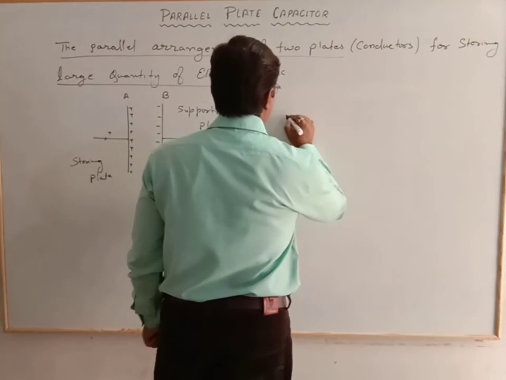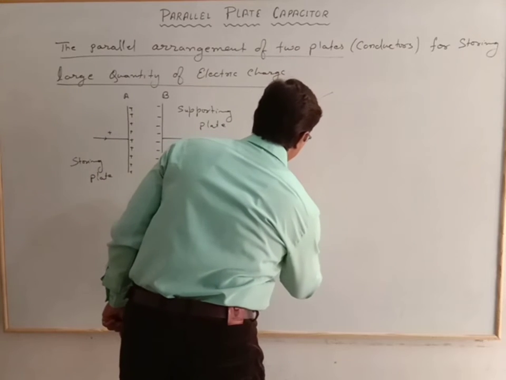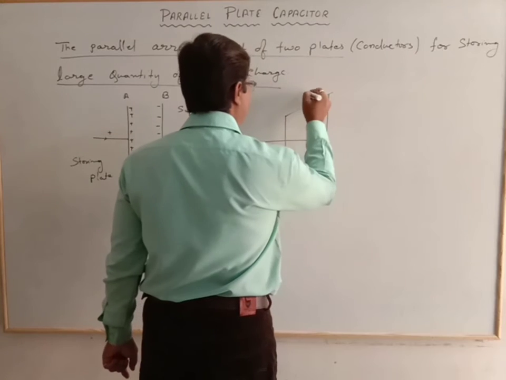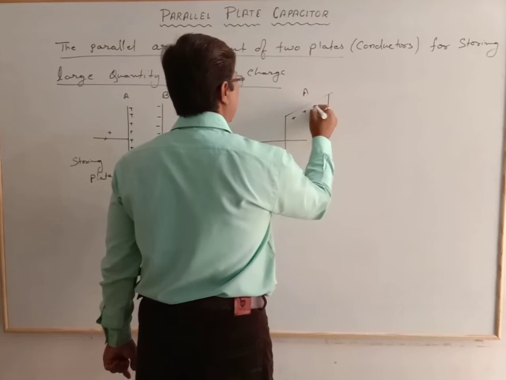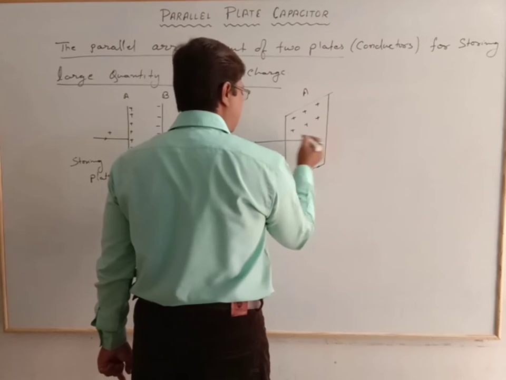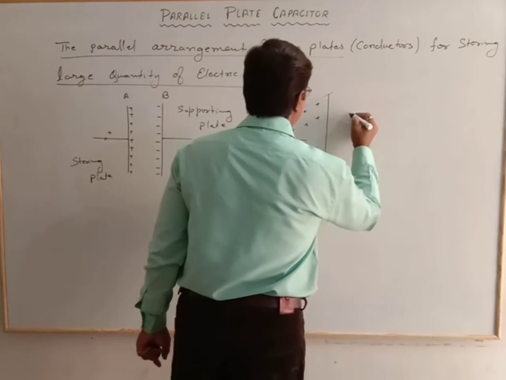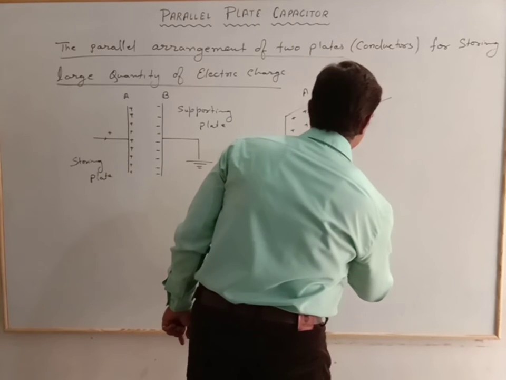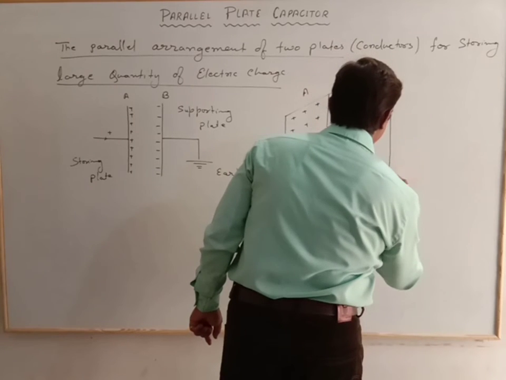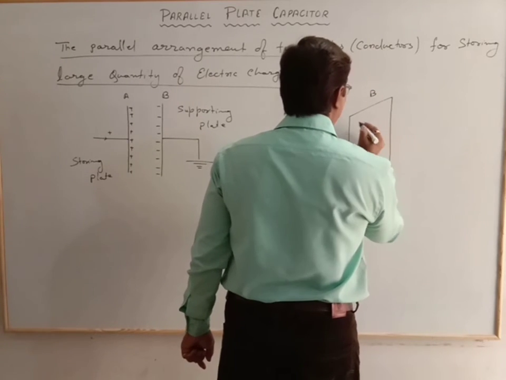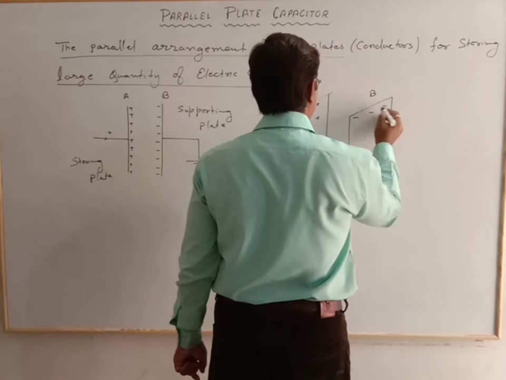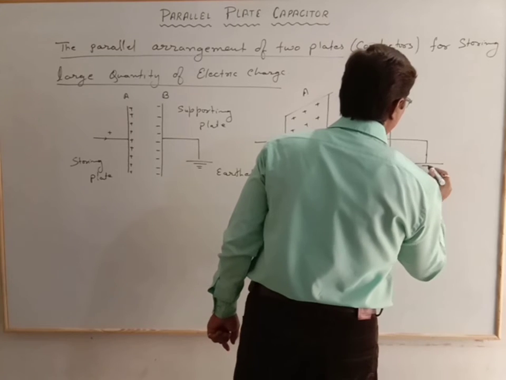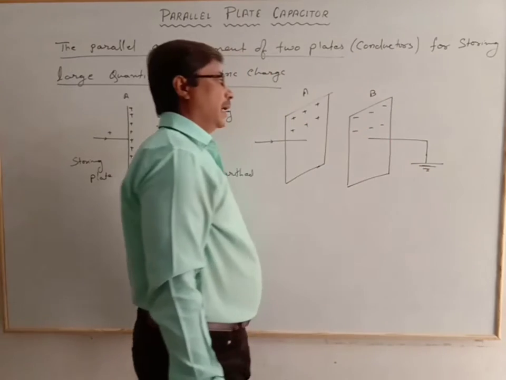Or we can draw it like this: plate A, where the charge is supplied and stored, and another plate exactly parallel to this one, the supporting plate, where the negative charge is induced and which is earthed.